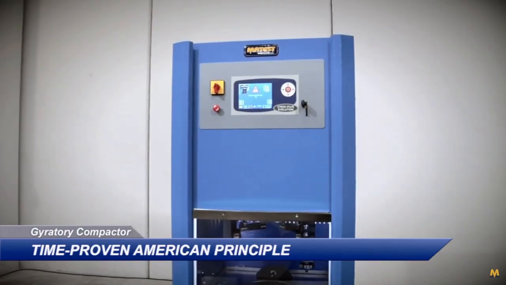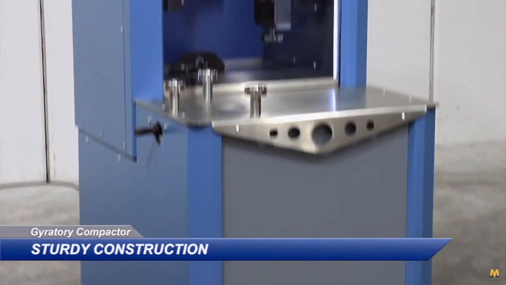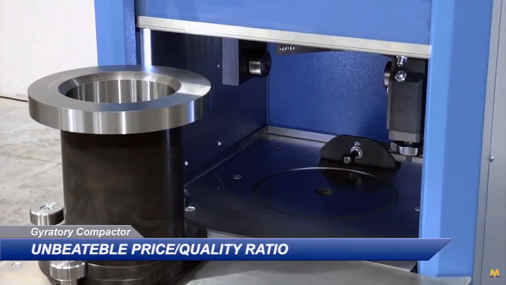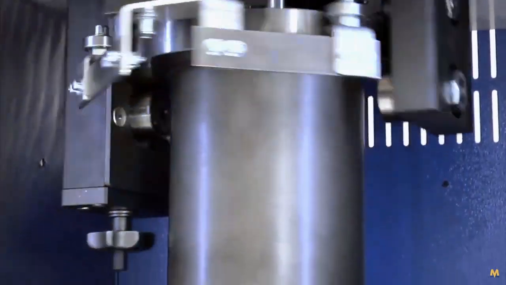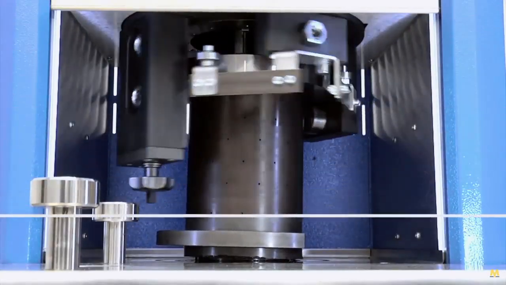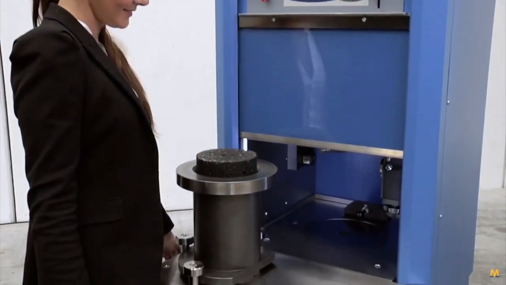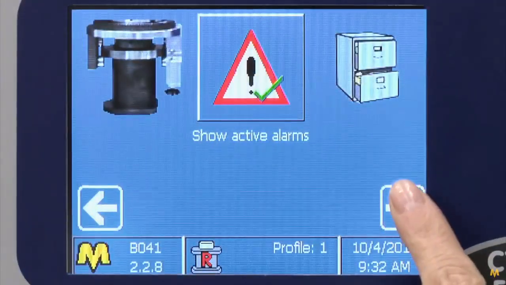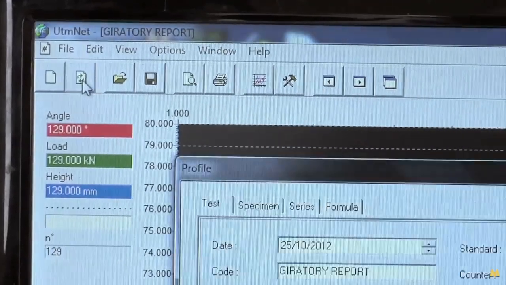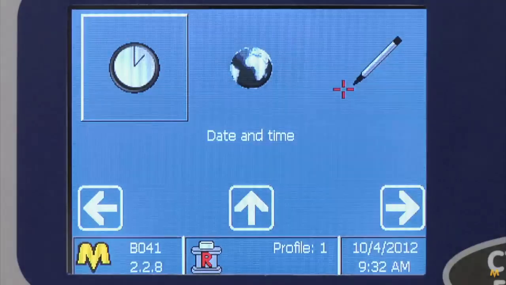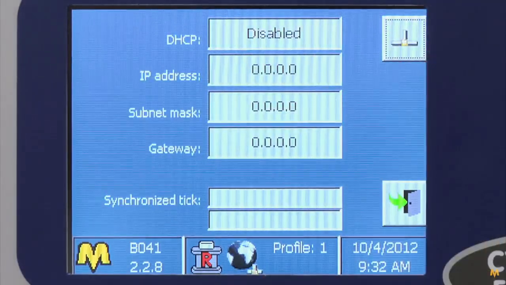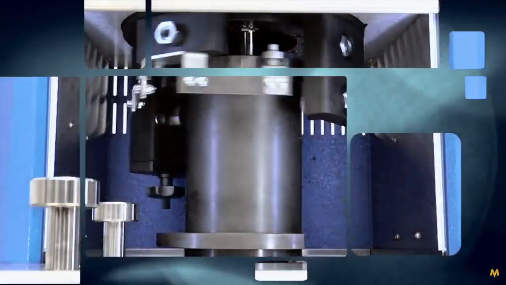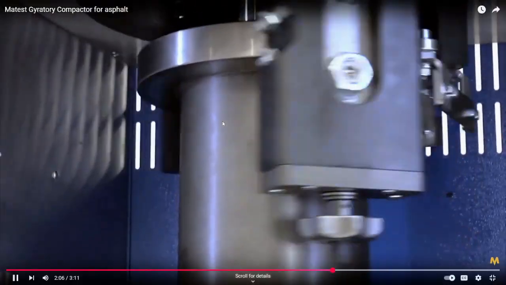Highly rigid steel frame with a gyratory motion generated by an eccentric high precision system.